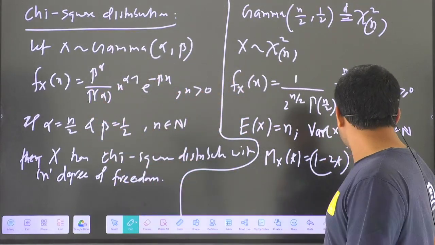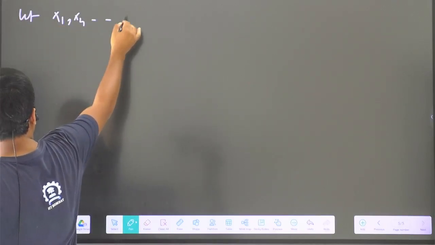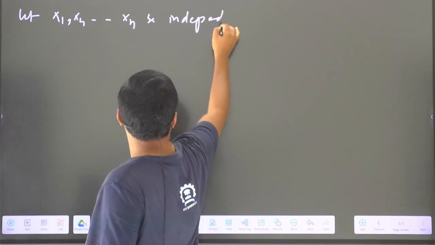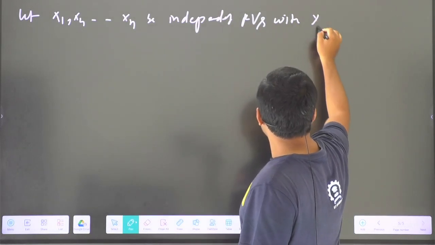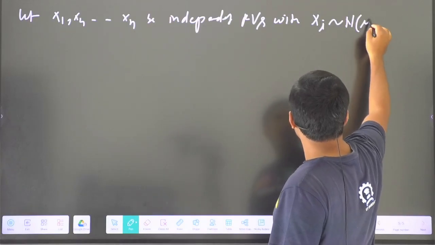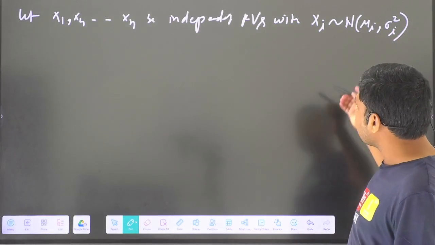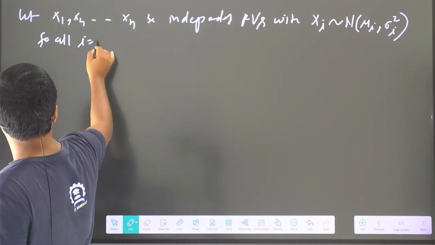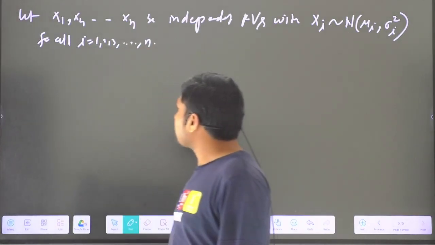The other way is through the normal distribution. Let x1, x2, ..., xn be independent random variables, with each xi having a normal distribution with mu i comma sigma i square, for all i equal to 1, 2, 3 up to n.